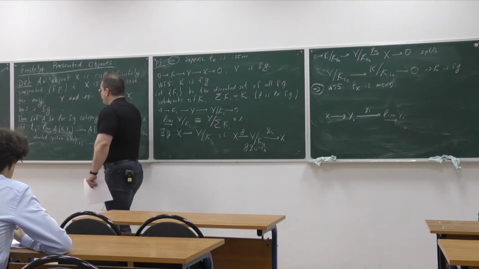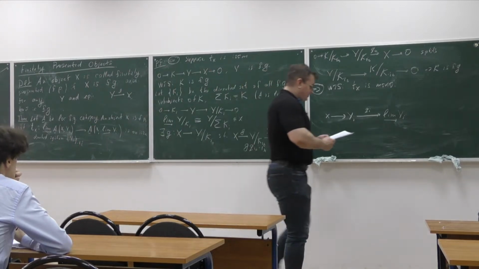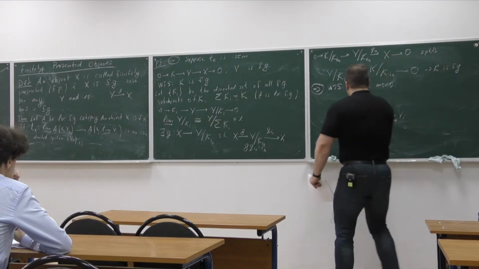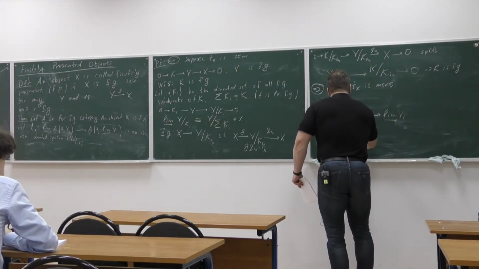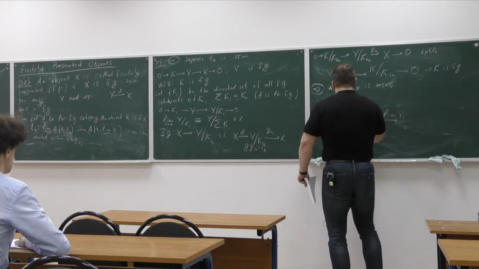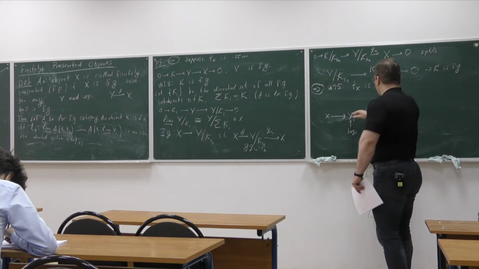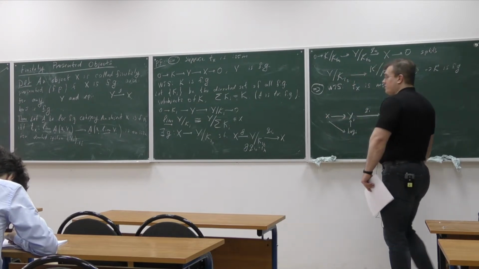I want to show that this is 0 in this limit. Since this is 0, here I can embed the kernel of the Q_i, and the fact that this whole composition is 0 means that I can factor this map through the kernel.